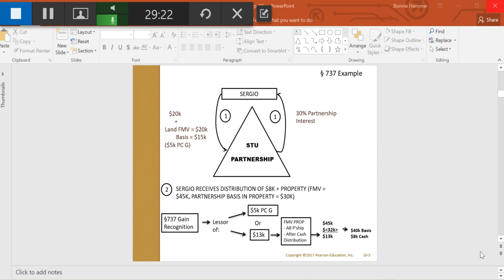So we love capital gain, but we don't really like ordinary gain because it doesn't do us any good to have ordinary gain if we have capital losses. And if you can't use the capital losses, you have to carry them over to a subsequent year or carry them back to a prior year and try to use them. Okay?